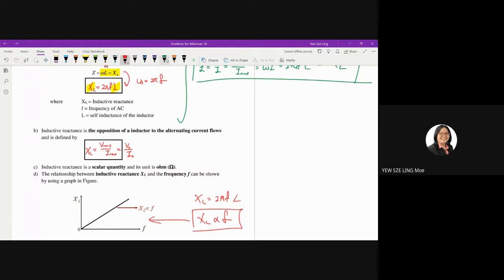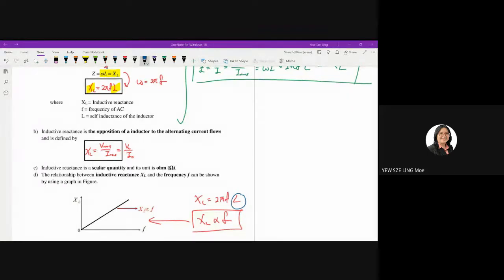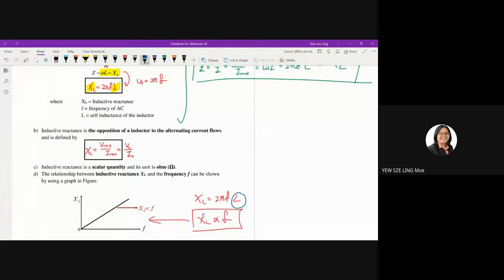Why? Because if you remember, L and C depend on the component. As long as you are not changing the physical structure of the component, inductance and capacitance are both constant values. That's why in this equation XL is proportional to F. It is not affected by L, it is not affected by inductance.